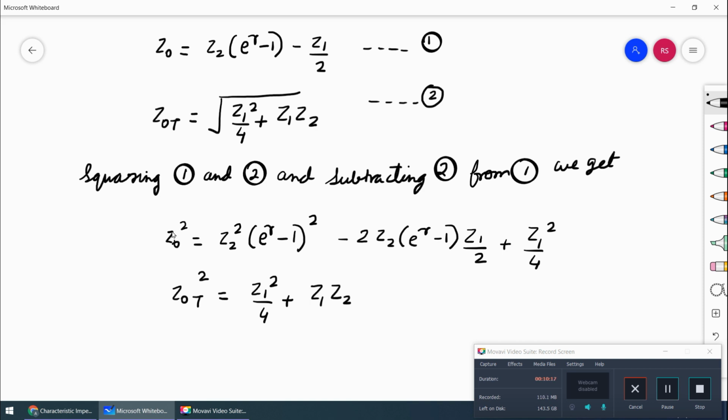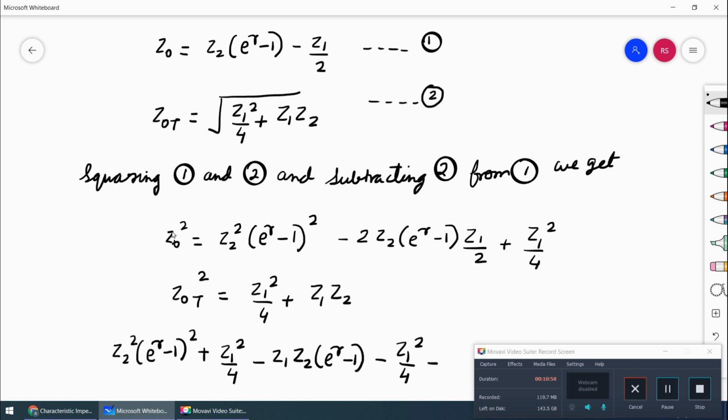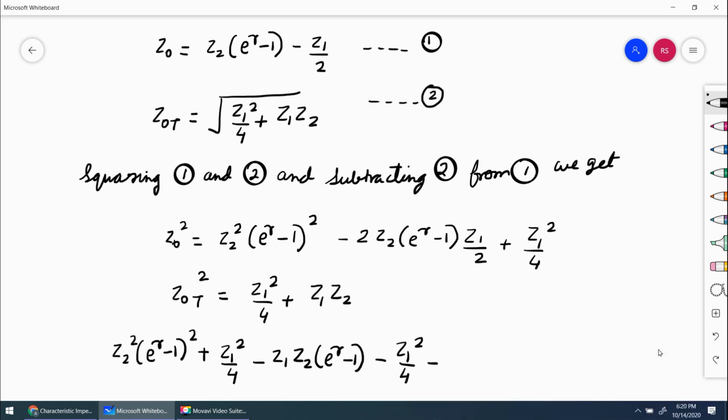Now we will subtract 2 from 1 and we will get Z2 square, e to the power gamma minus 1, the whole square, plus Z1 square by 4, minus Z1 into Z2 e to the power gamma minus 1, minus of Z1 square by 4, minus Z1 into Z2 is equal to 0.